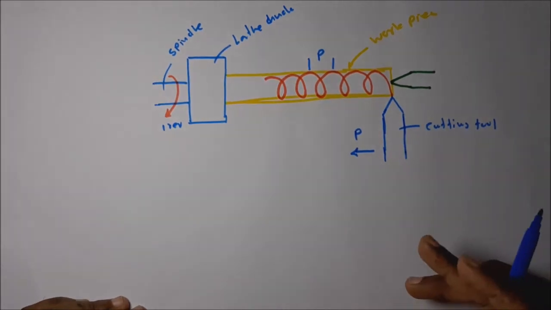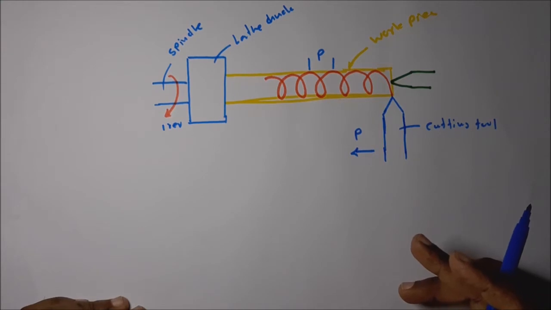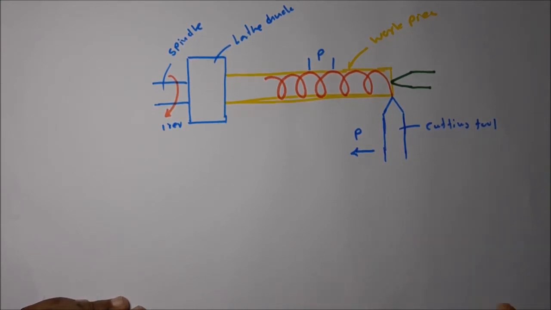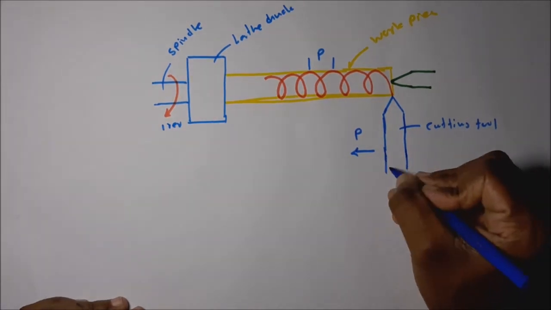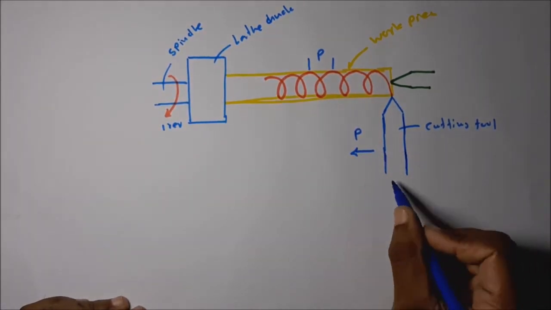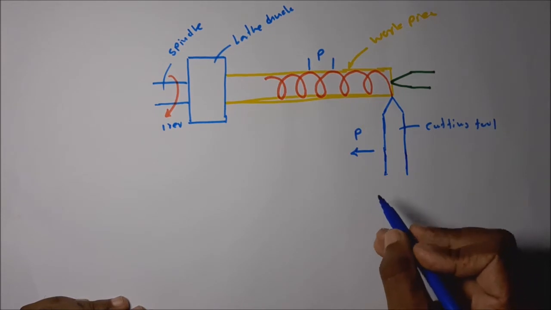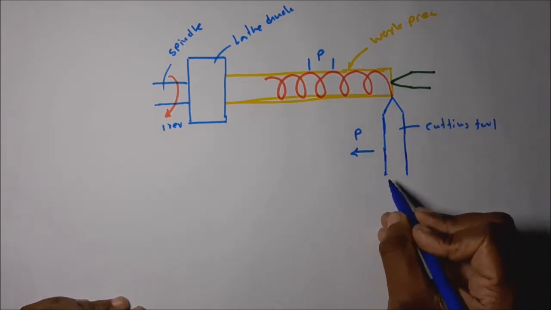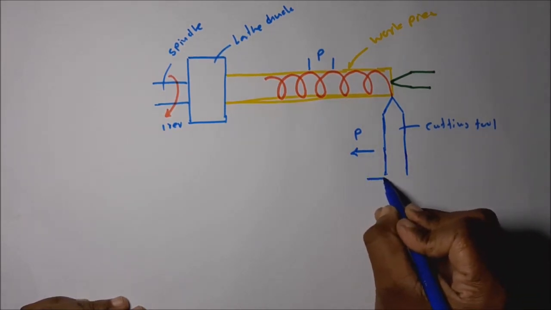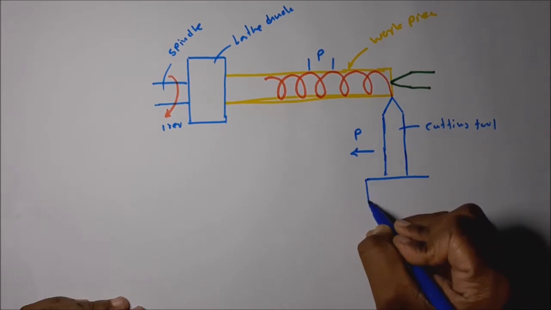This synchronization is done using the gear wheels and also the lead screw. Okay, this cutting tool is connected to the saddle. Then this saddle is connected to the half nut. This is the half nut.